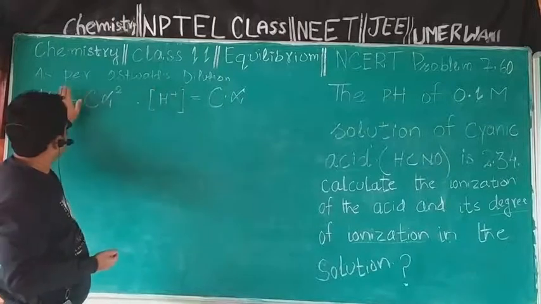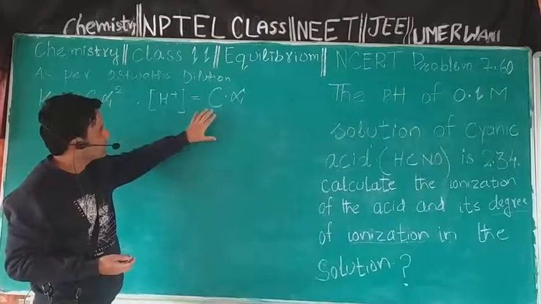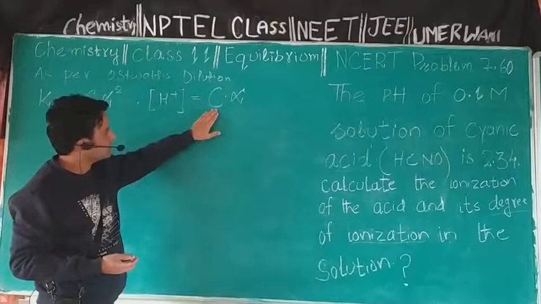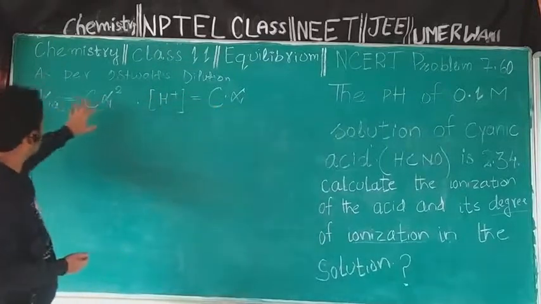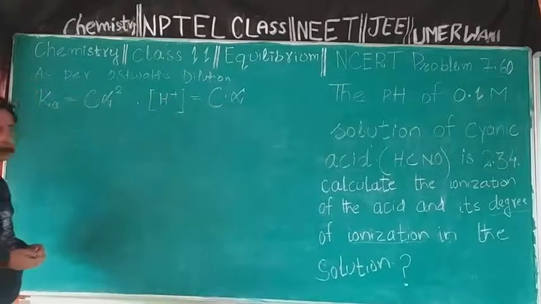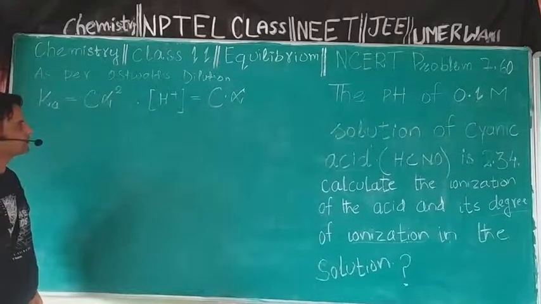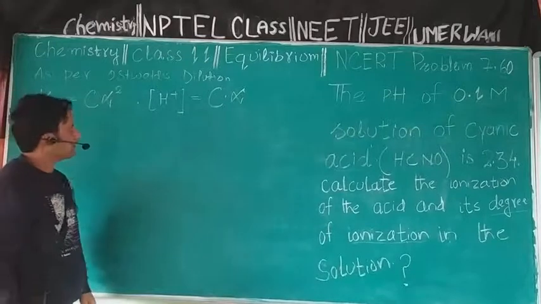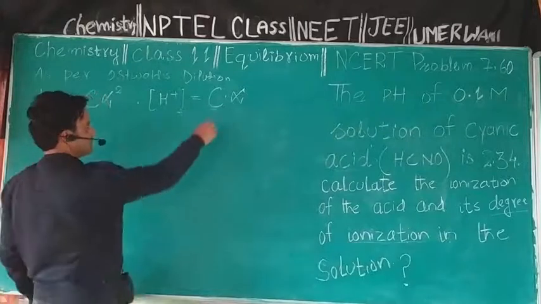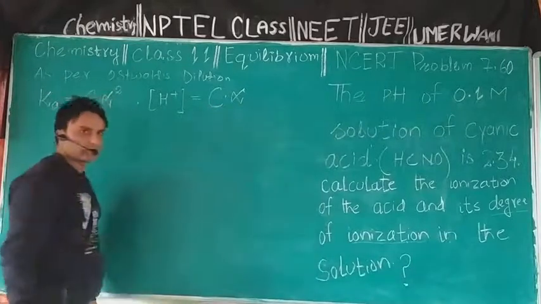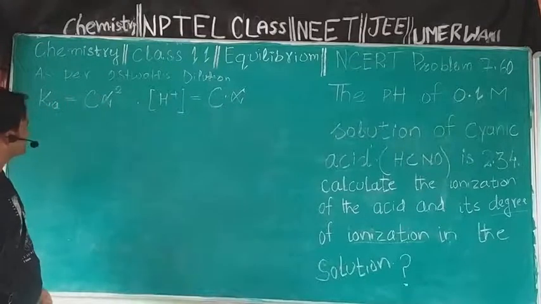So I will say that these two equations are the required equations by which we are able to relate molar concentration and pH with the degree of ionization and ionization constant of a weak acid. So I will apply these two equations in order to find the ionization constant and degree of ionization. First, I will calculate the degree of ionization, because here I need the value of degree of ionization to calculate the acid dissociation constant.